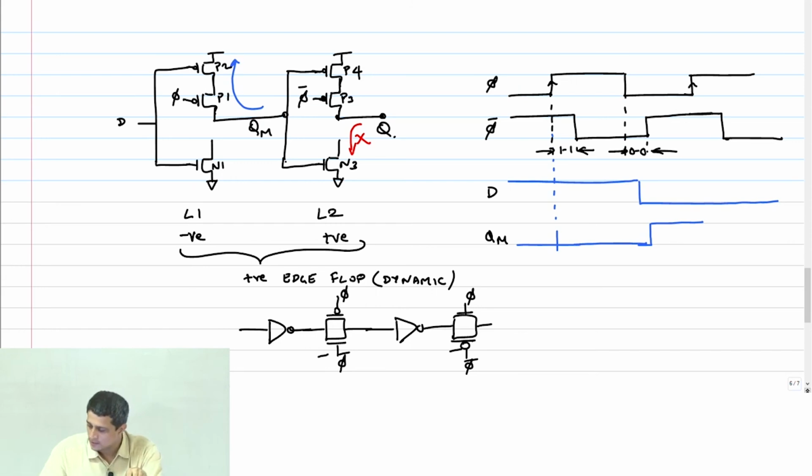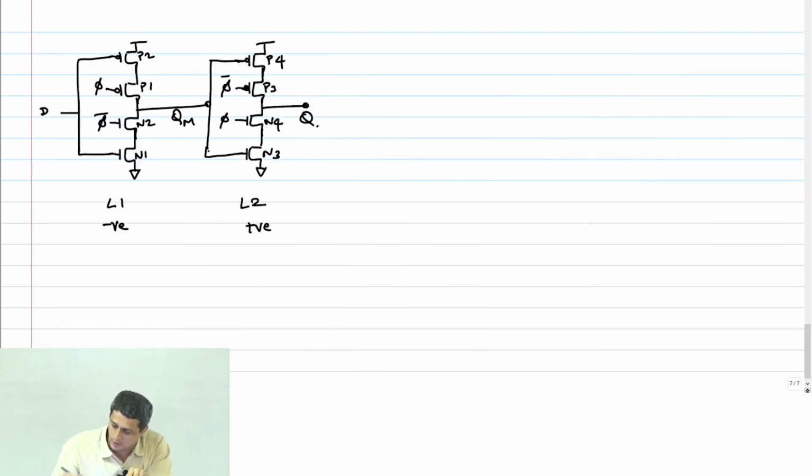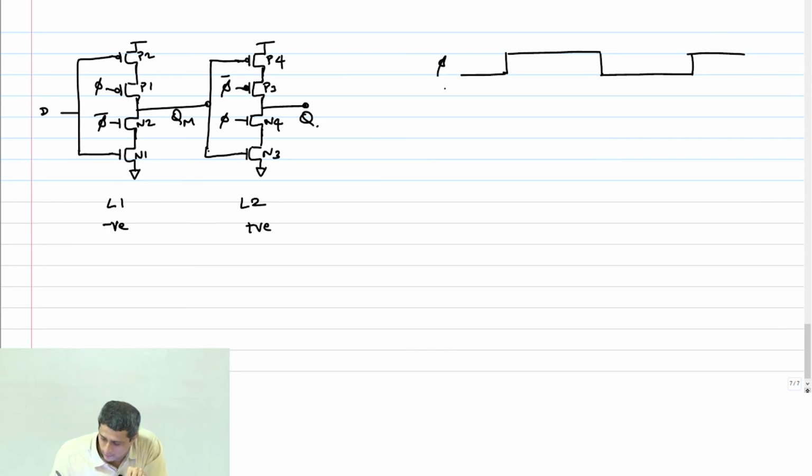Okay, so now let's look at the other condition, which is basically on the sampling edge, I want to see what happens. This is phi bar. So 0, 0 overlap, there was no problem. This is my 1, 1 overlap.